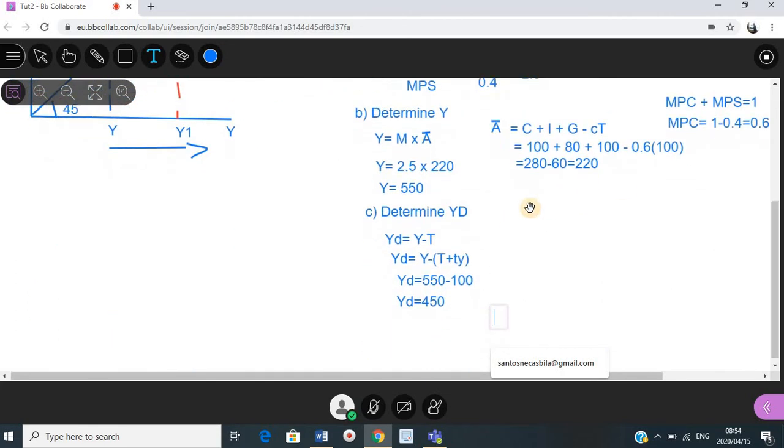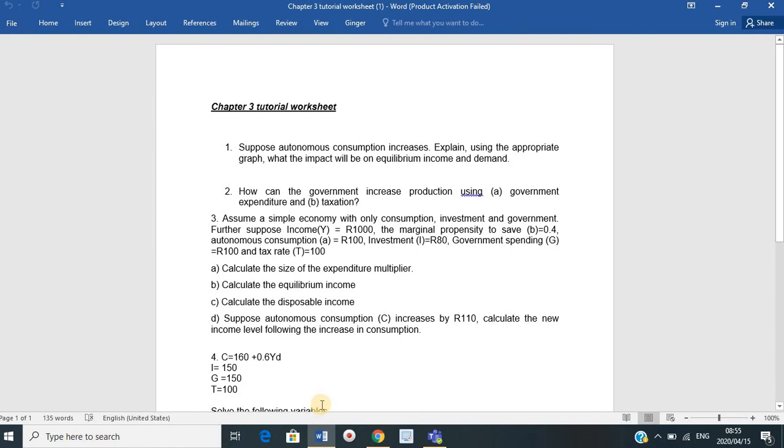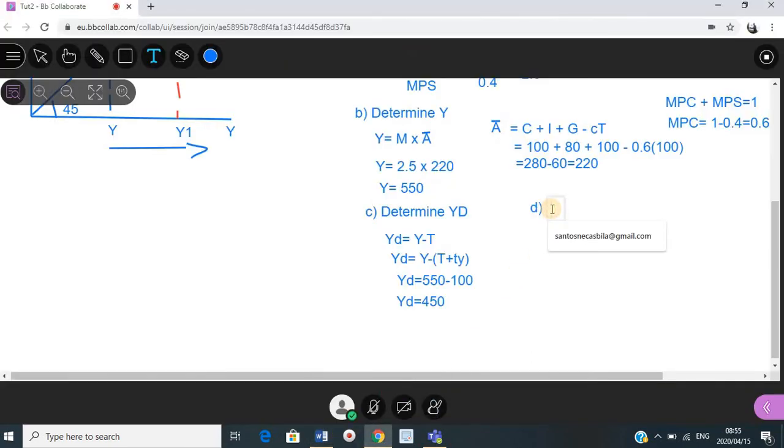Part D says, suppose that autonomous consumption increases by 110. Calculate the new income level following the increase in consumption. Here we have two things: it can be an increase to, or an increase by.